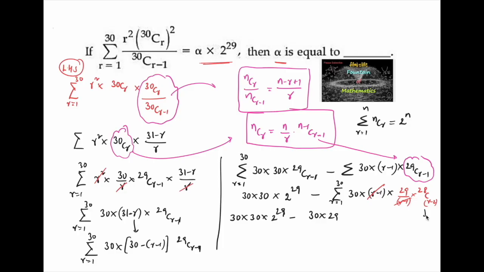So when r is equal to 2, we can start from 28c0, and when r is equal to 30, 28c28. So it is also the same summation, 2 to the power n, so we can apply 2 to the power n with n equal to 28 here.